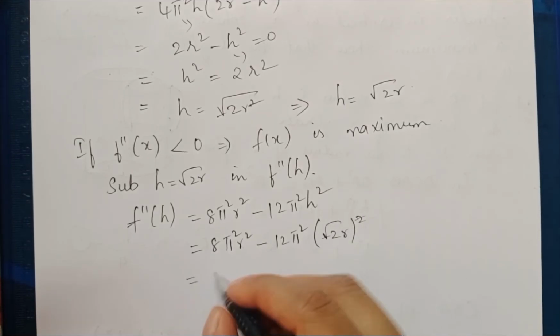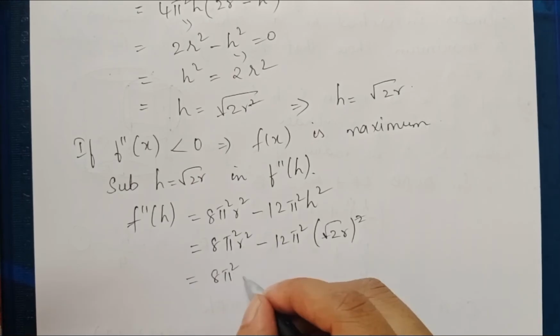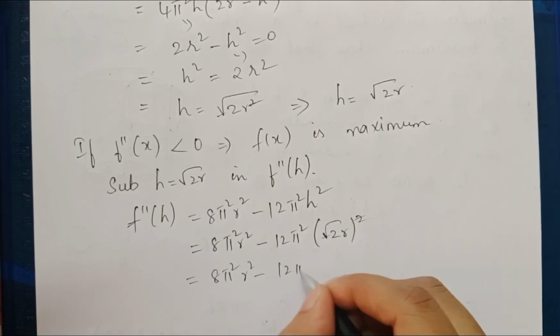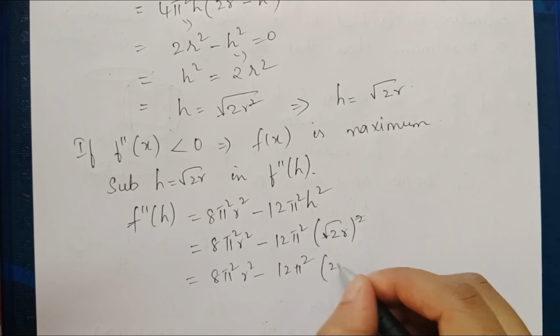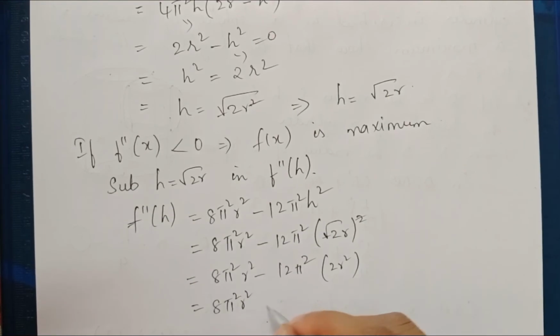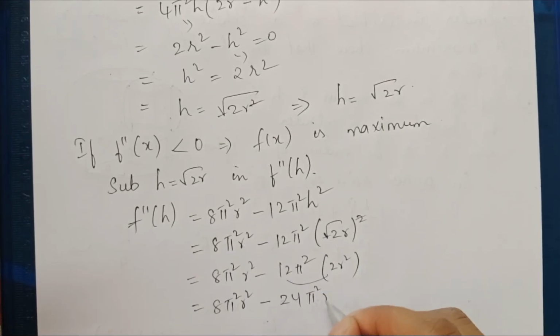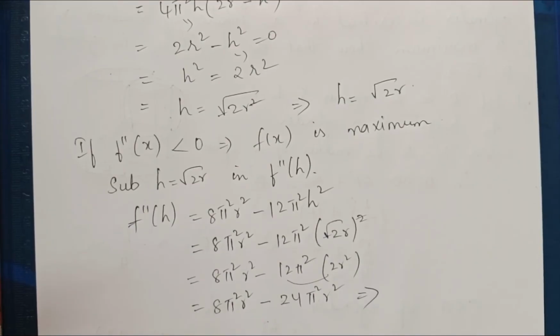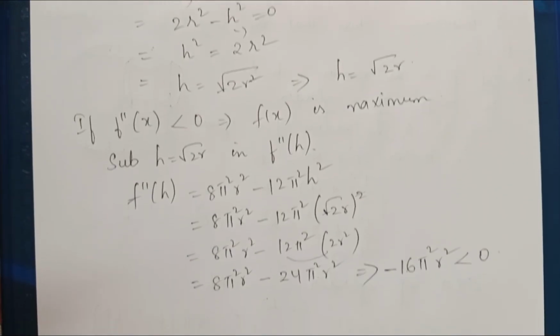The square and root get cancelled, so it is 8 pi square r square minus 12 pi square into 2 r square. So it is 8 pi square r square minus 12 twos are 24 pi square r square. This can be subtracted: 24 minus 8 is 16. Negative is the bigger sign, so it is minus 16 pi square r square, which is negative. So it is less than 0.